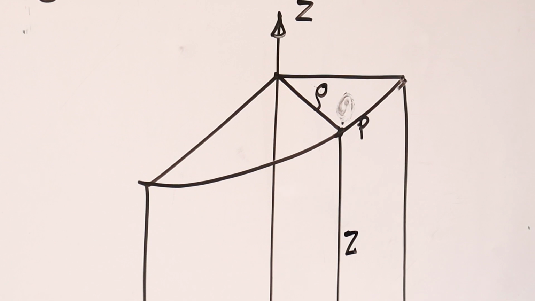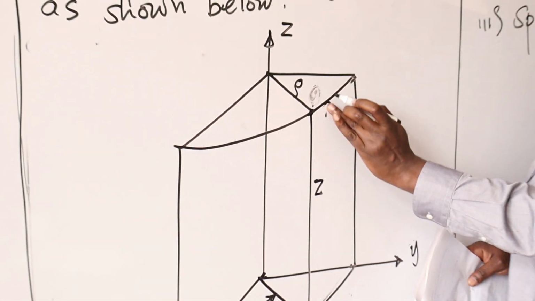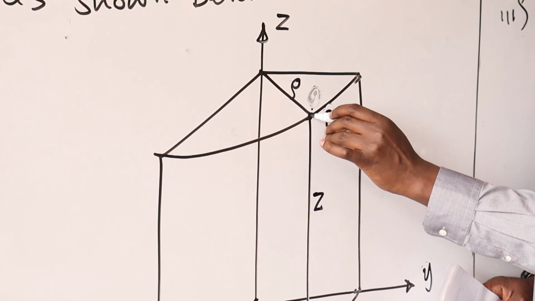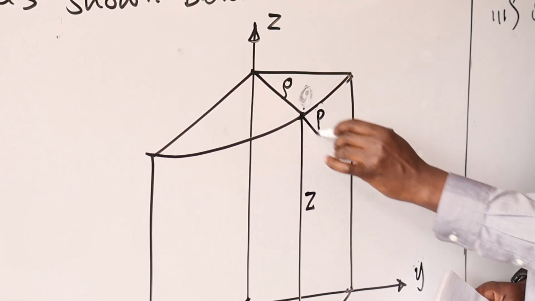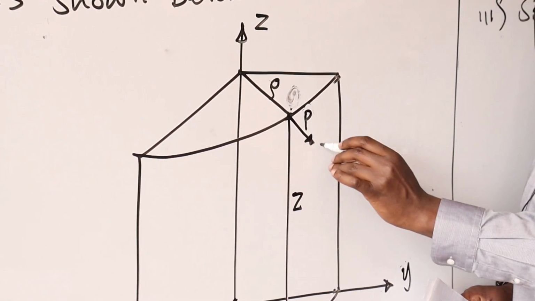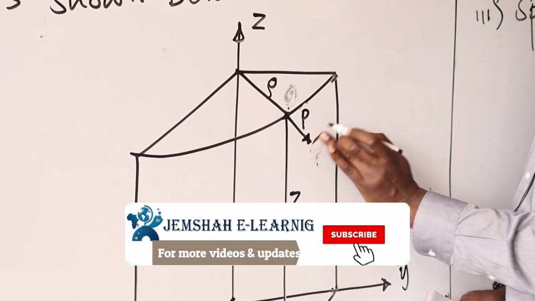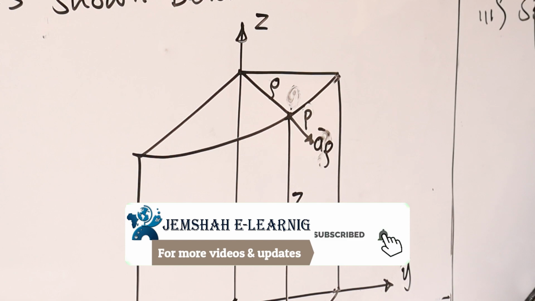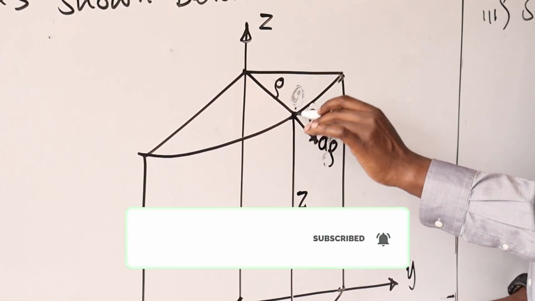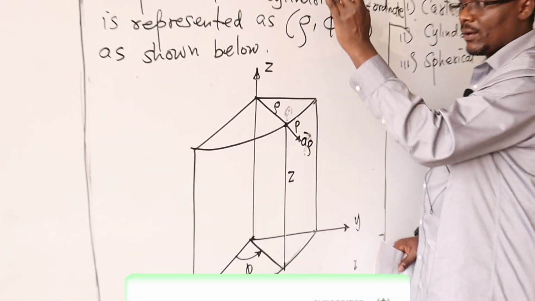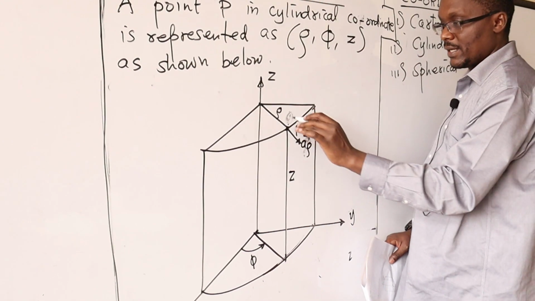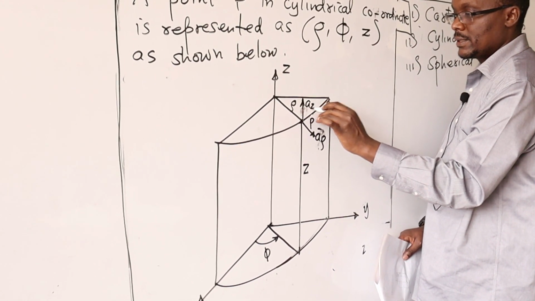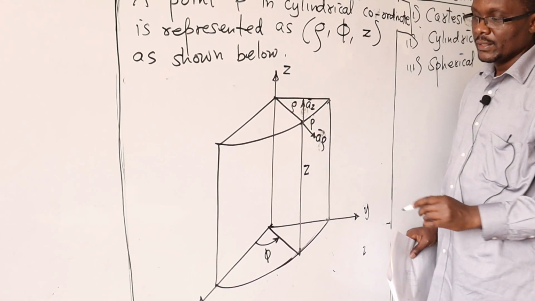Now we have the unit vectors of this particular point P. The unit vector along the radius of the cylinder is indicated as a rho. The unit vector that goes along, or parallel to, the z-axis, we indicate as AZ with a bar on top.